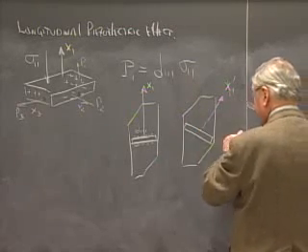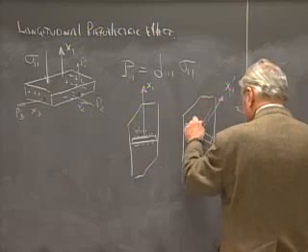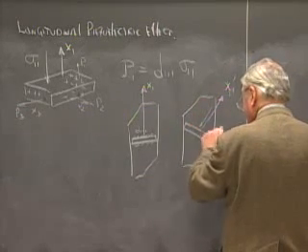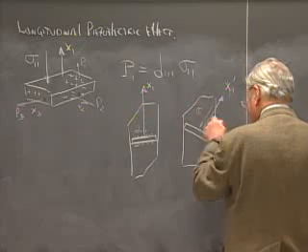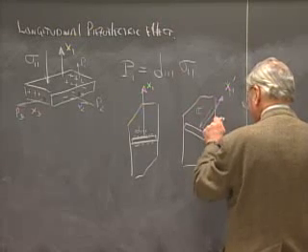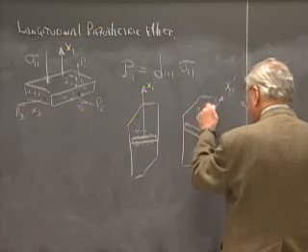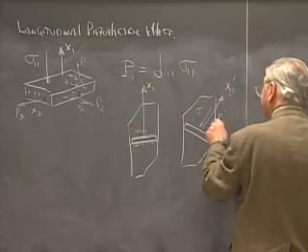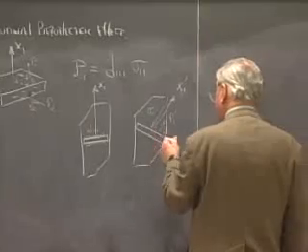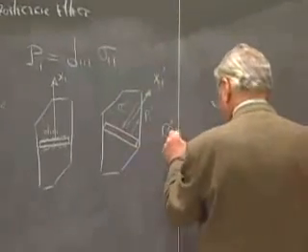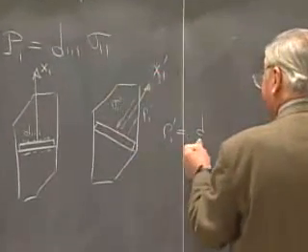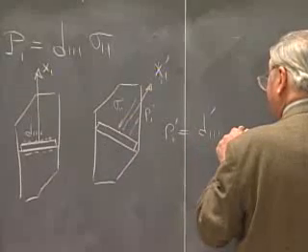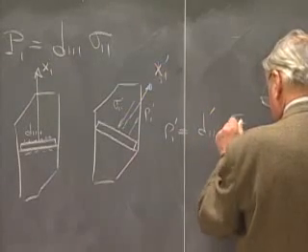So this is x1 prime. We're going to, again, squeeze it with a tensile stress sigma 1,1 prime. And we'll ask how the polarization P1 prime is related to sigma 1,1 prime. And the answer is that P1 prime will be a tensor element D111 prime times sigma 1,1 prime.